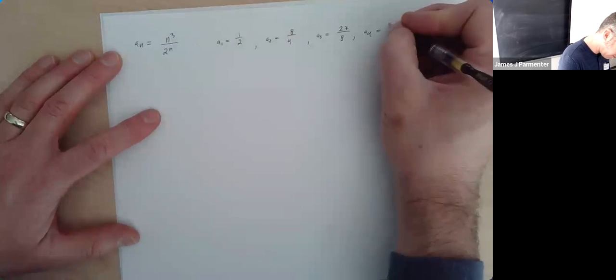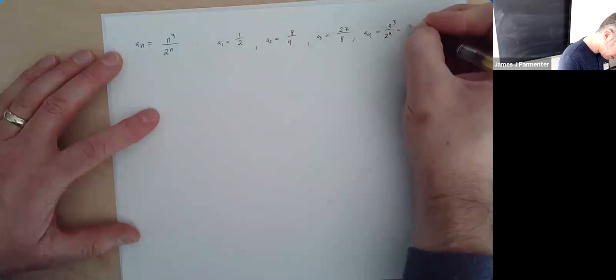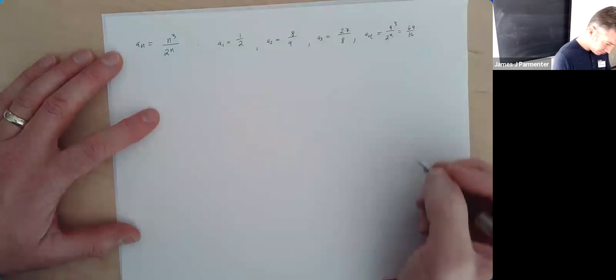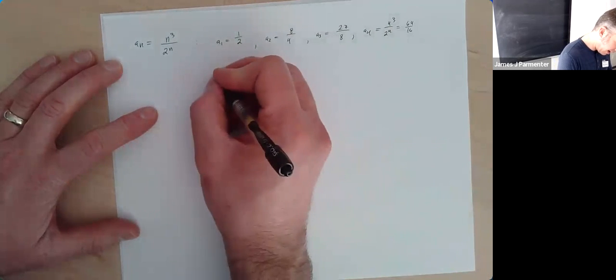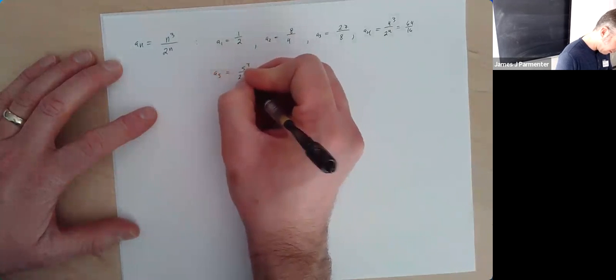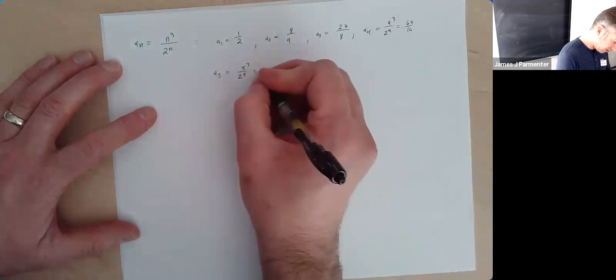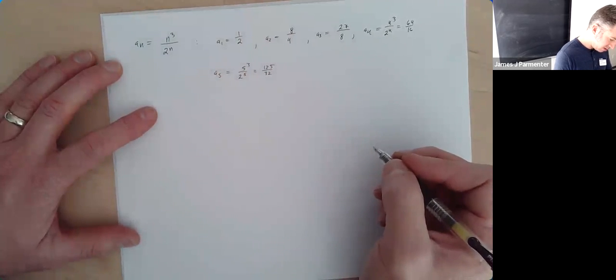A sub 4 is going to be 4 cubed over 2 to the 4th, which is 64 over 16. Okay, still bigger, but now a sub 5 is going to be 5 cubed over 2 to the 5th, which is 125 over 32. Still bigger.